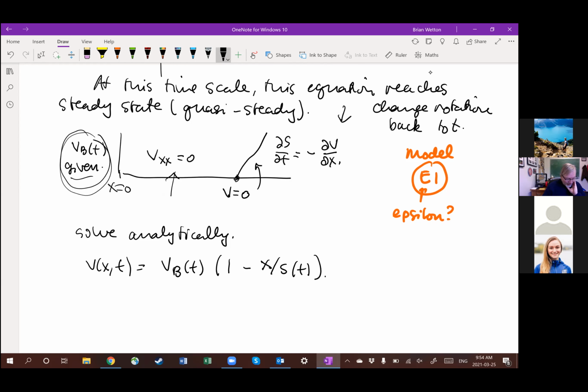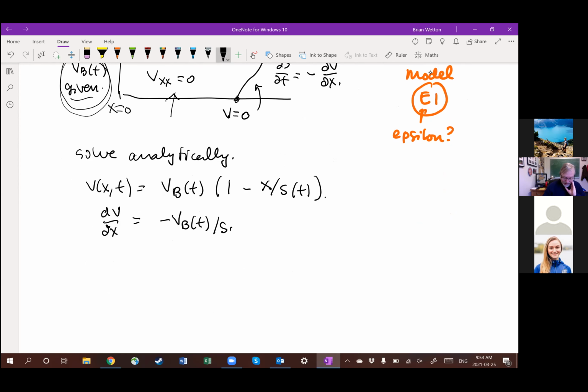And so now if I look at dv by dx, it's a linear function, so this is just a constant. And ds by d tau, remember, is minus dv dx at x equals s, but this is just some constant, so this is vb of t over s.